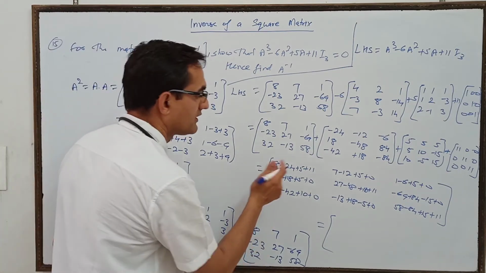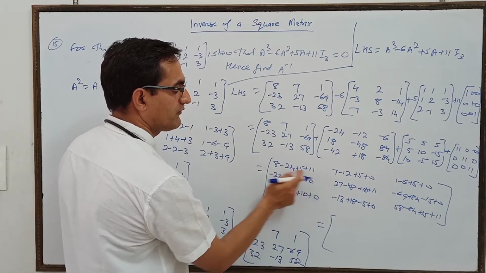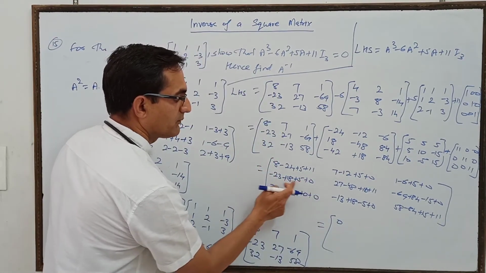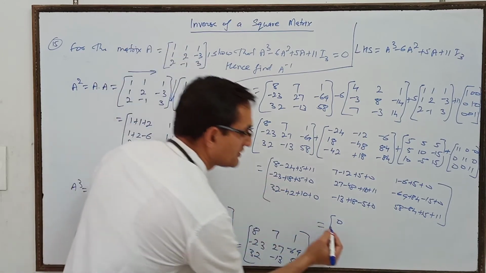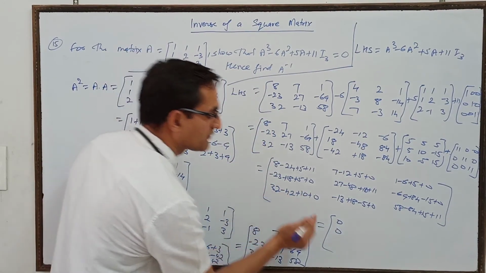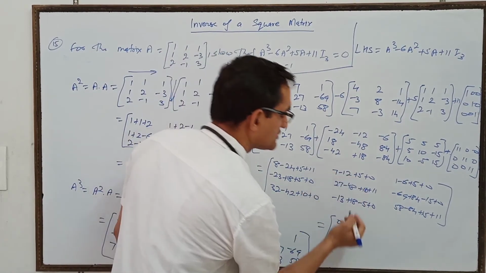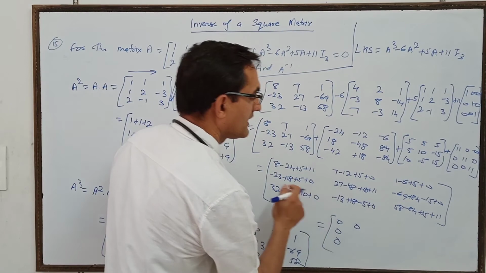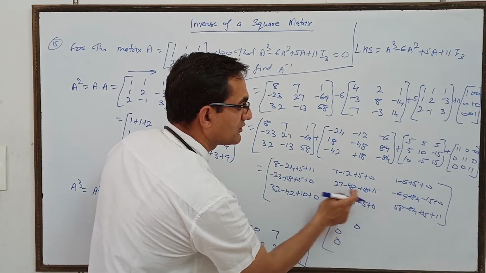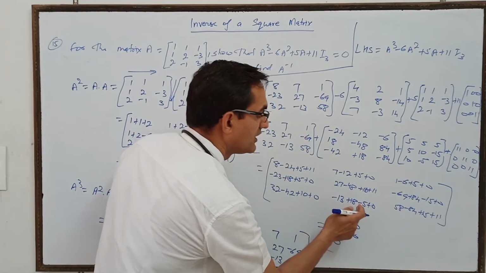What is this one? 8 plus 5, 13, plus 11, 24, minus 24, this is 0. 5 plus 18, 23, minus 23, this is 0. 10 plus 32, 42, minus 42, this is 0. 5 plus 7, 12, minus 12, this is 0. And this is 21 plus 27, 48, minus 48, 0.